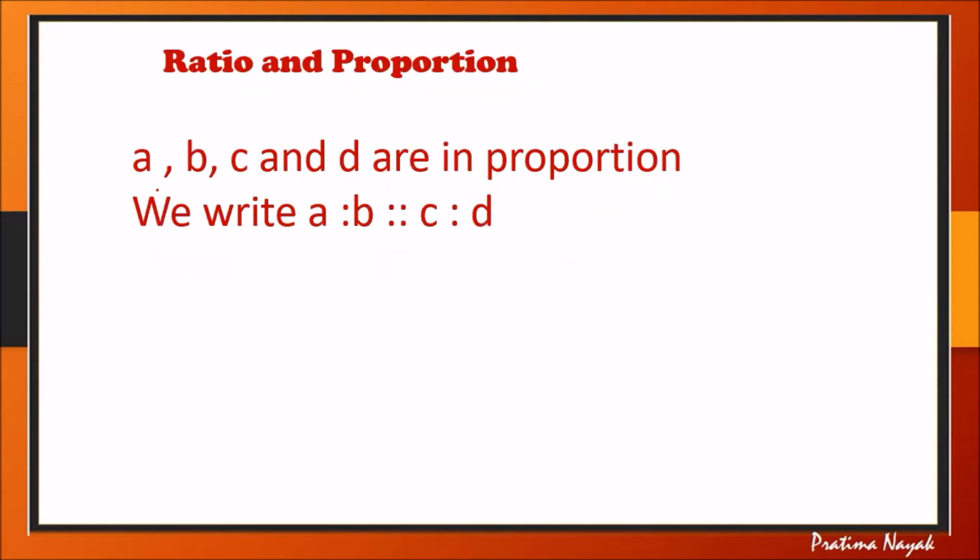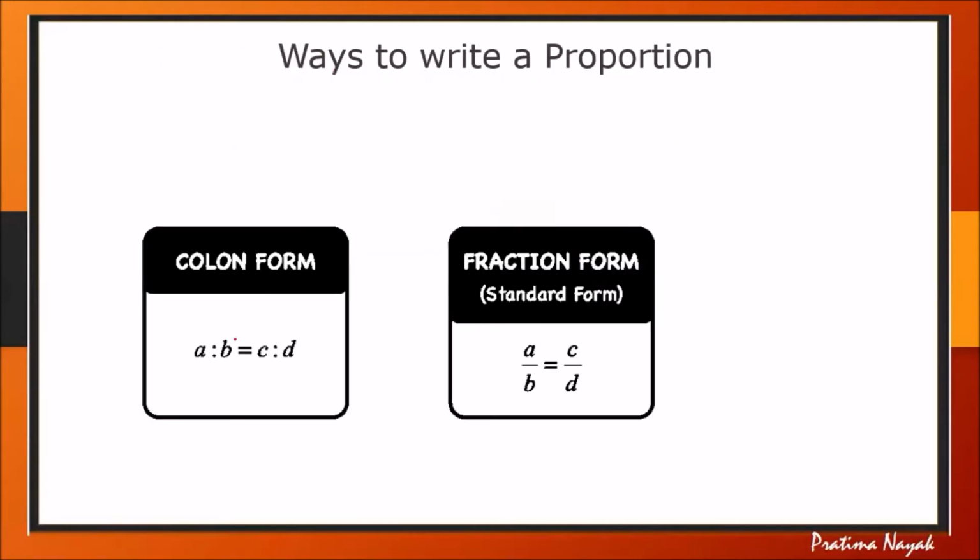Or it can be written in the colon way also. They are A, B, C, D in proportion. We write A colon B, and here there are two colons, C is to D. So A is to B as C is to D. So one is colon form, one is your standard form.